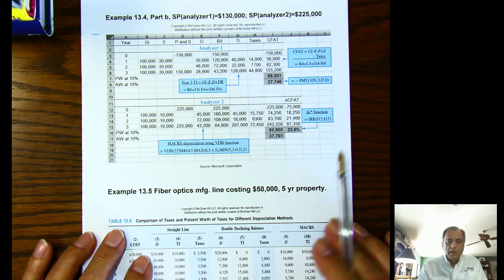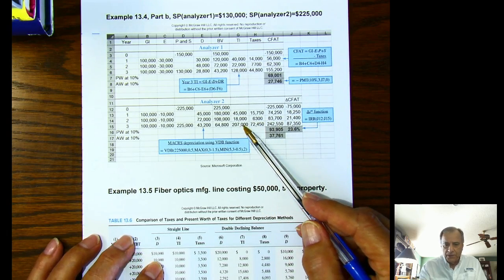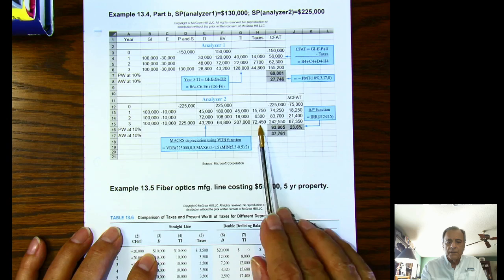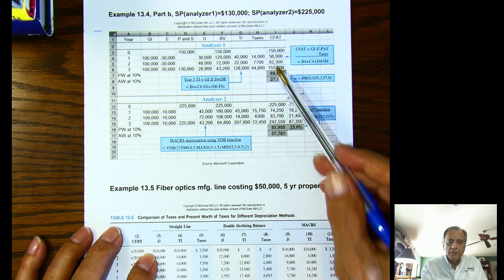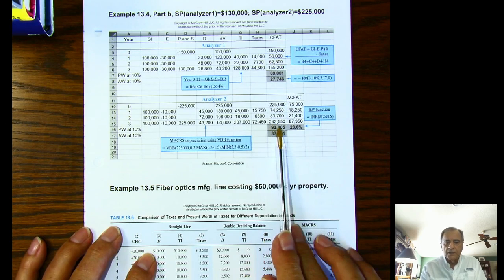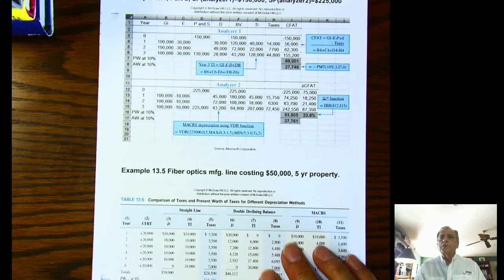Okay, so when you do that, then your taxable income becomes this number here, $207,000, and you're paying tax at 35%, which gives you that for taxes, and then this is the net cash flow after taxes.